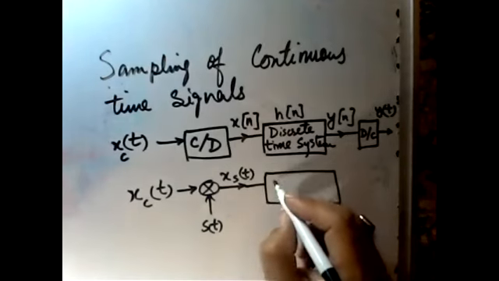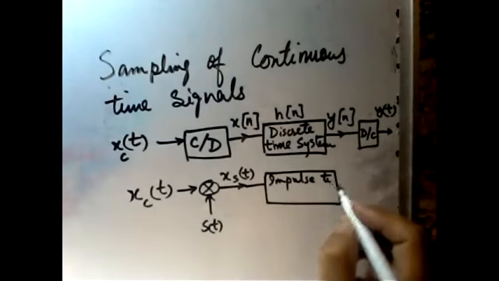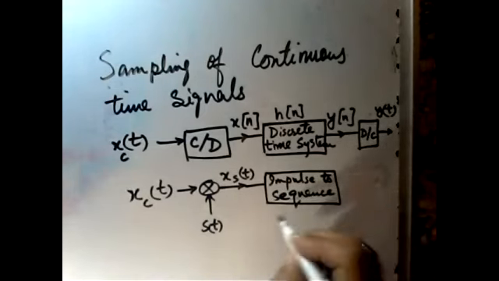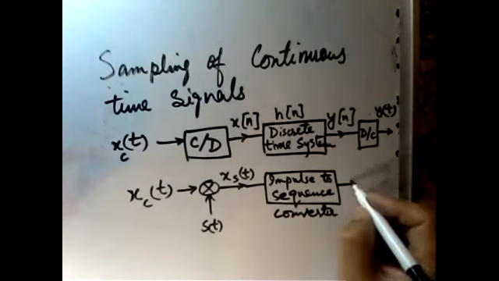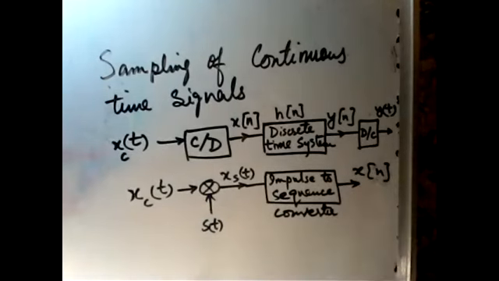This is passed through an impulse to sequence converter to get x of n. Okay.